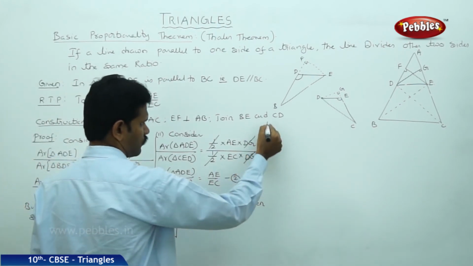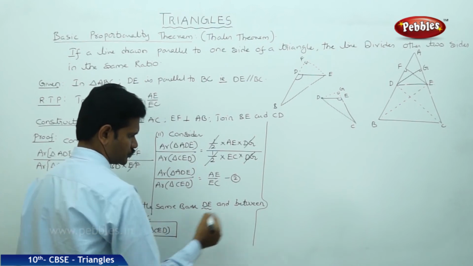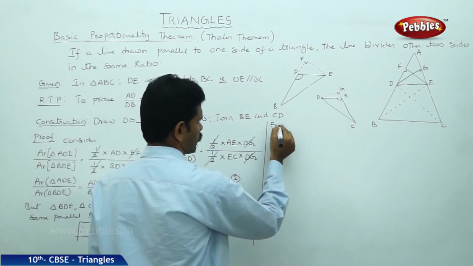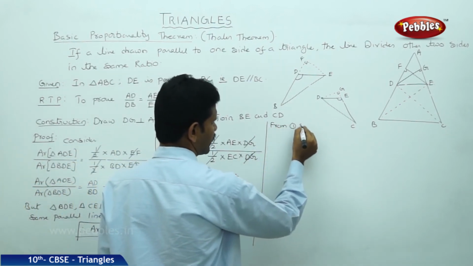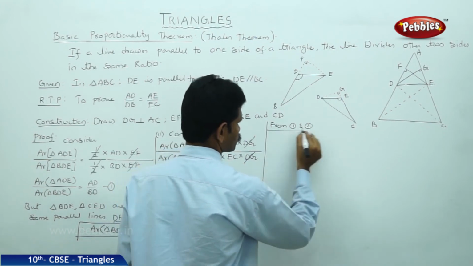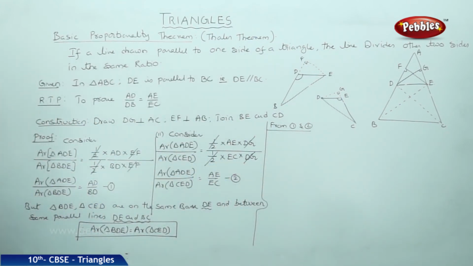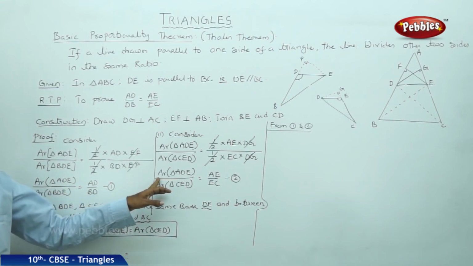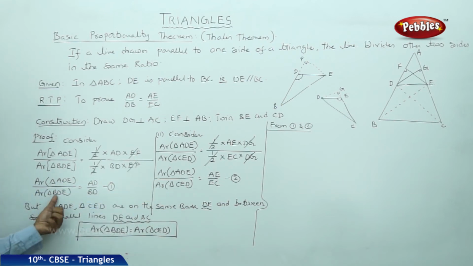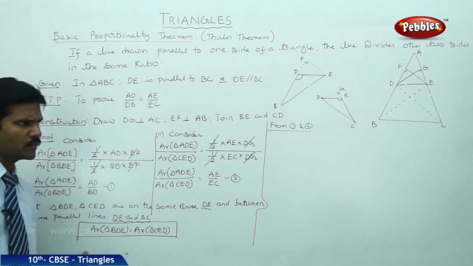Now, from 1 and 2, numerators are the same, and just now we came to know that the denominators are also the same.